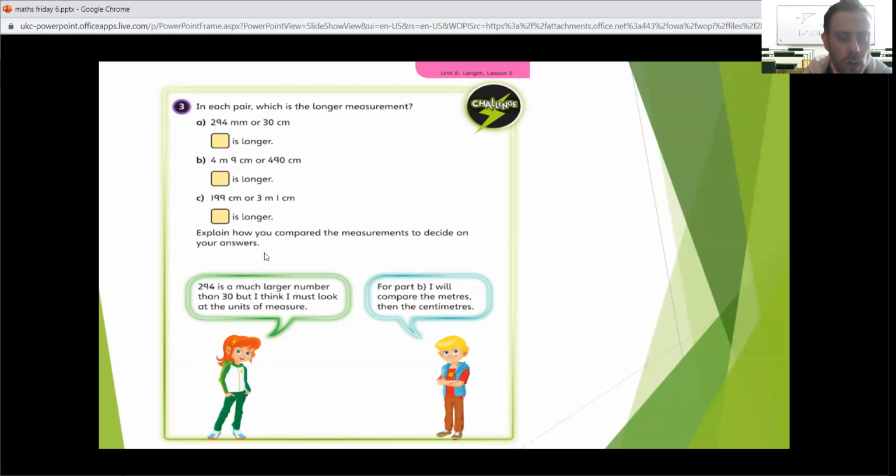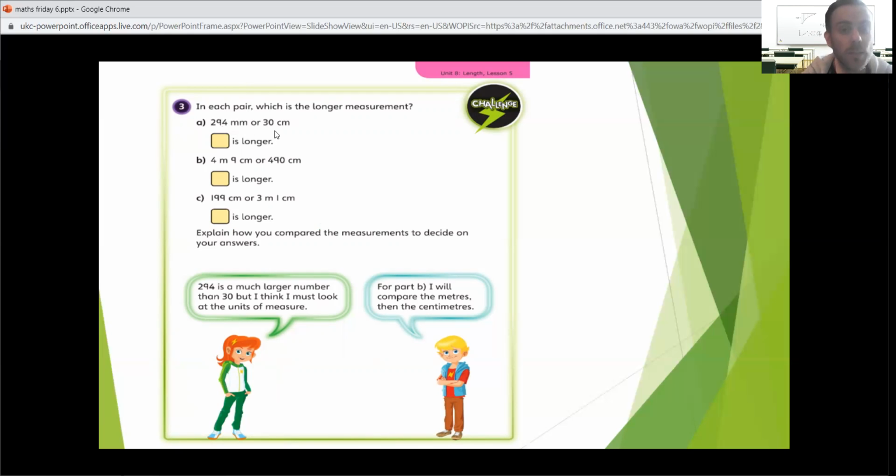All right, so the last question before you get on with your Power Maths book was the challenge. Number 3, challenge question today. You had to decide out of a pair of numbers which one was the longest. So we've got, first of all, 294 millimeters or 30 centimeters.